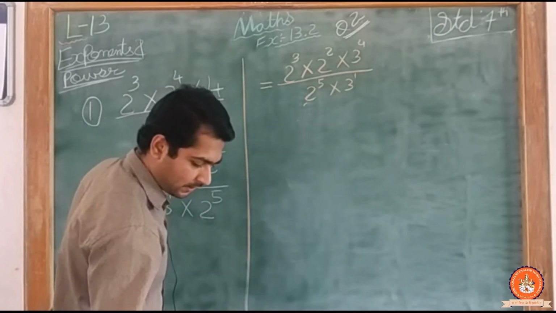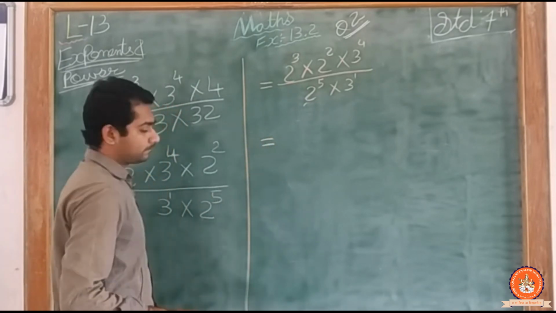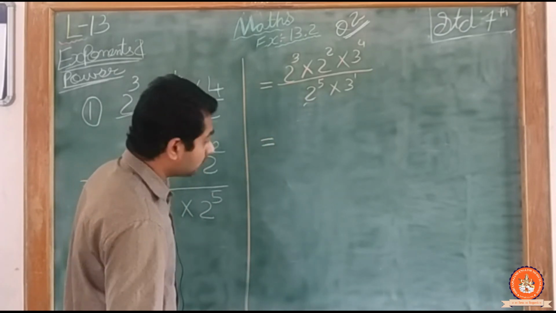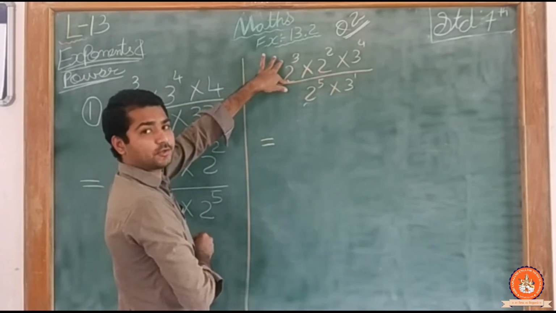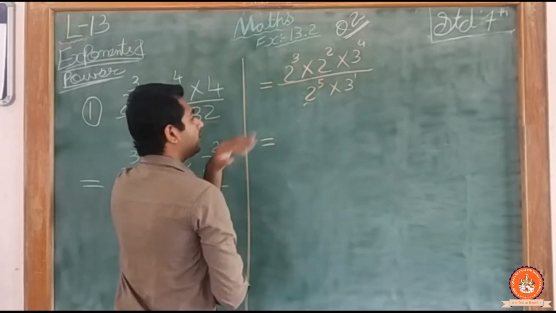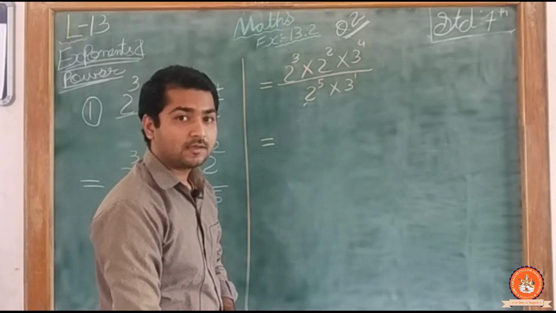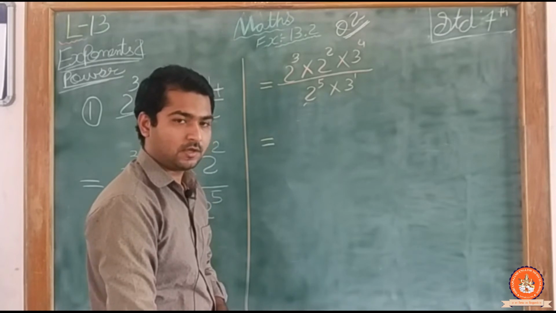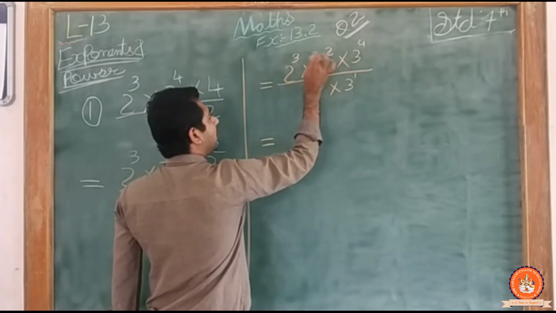Clear? Now moving forward. What you are seeing here, both the bases are the same, yes or no? And the powers are different. So I will apply a formula: a raised to m multiplied by a raised to n is a raised to m plus n. Multiplication sign means adding the powers.